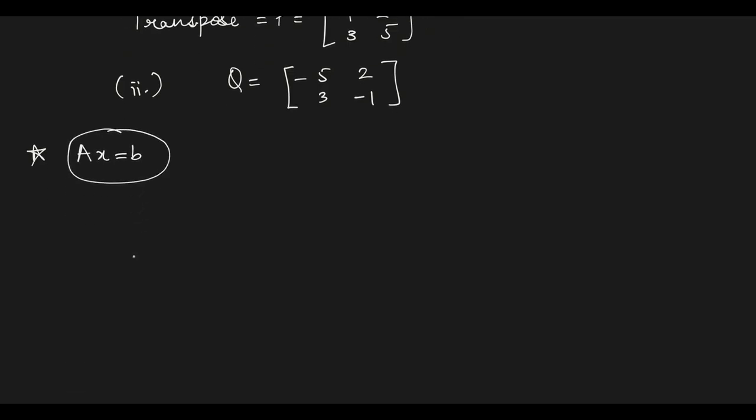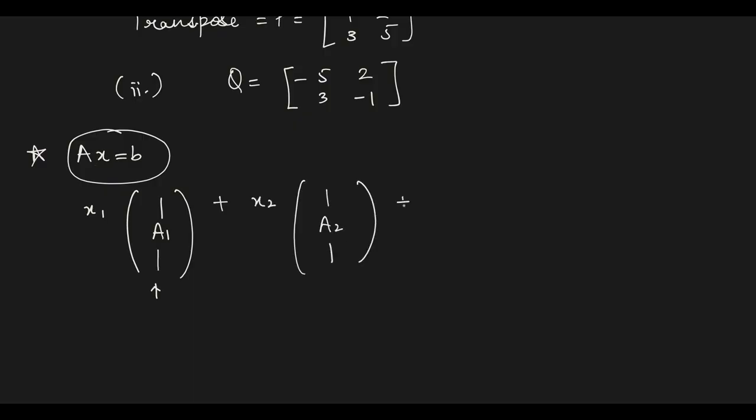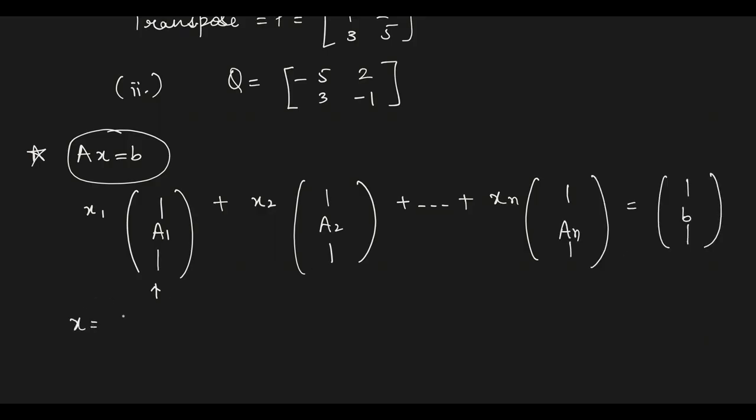Now I can write x1 as x1 a1, basically this is the first column of matrix A, x2 as a2, and x is x1, x2 and so on till xn.